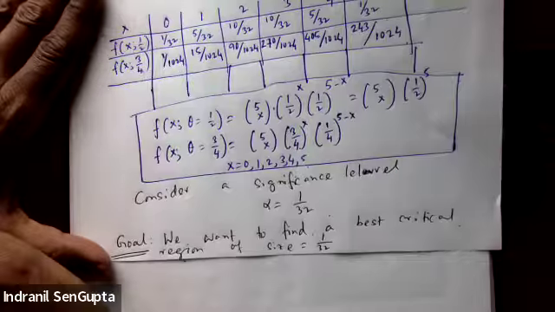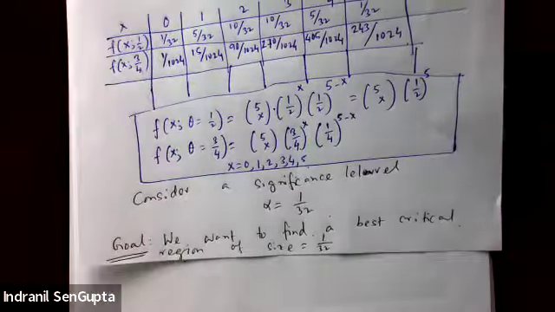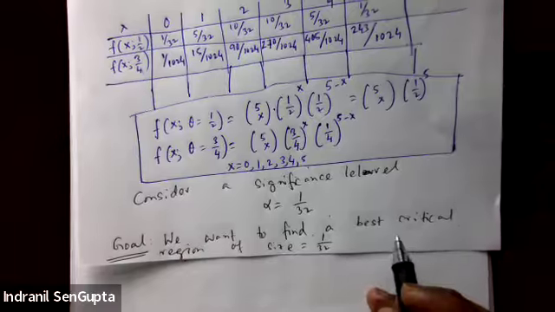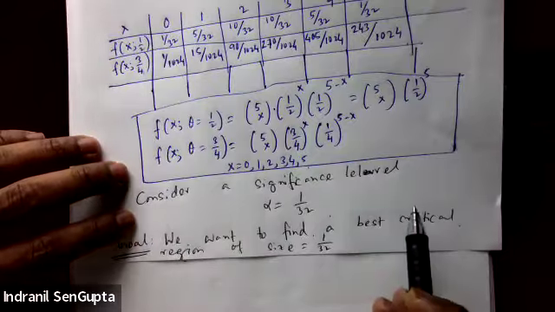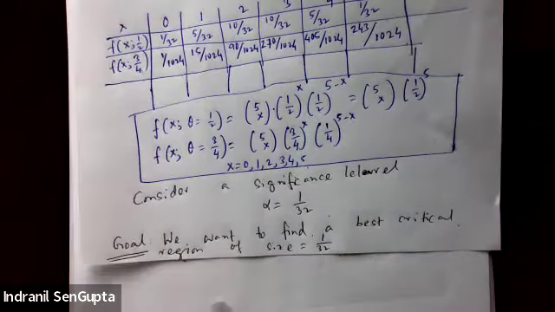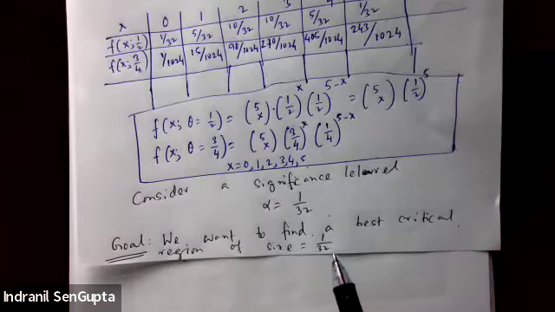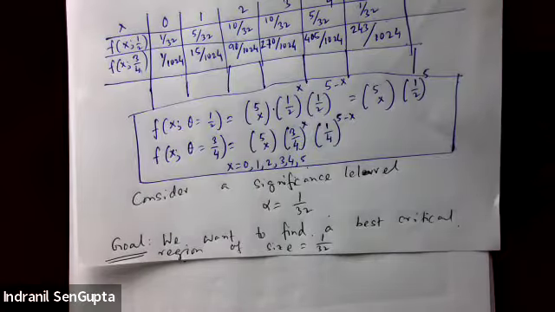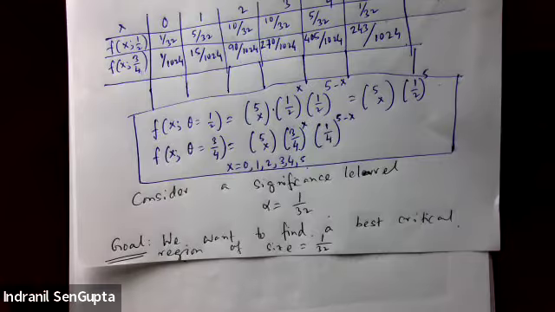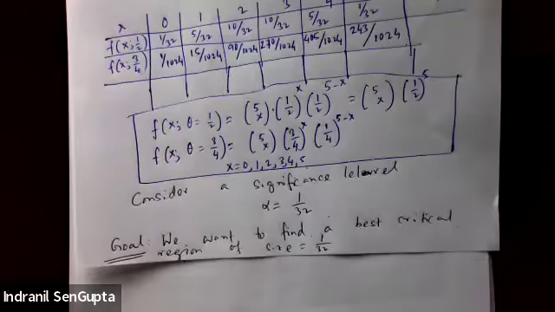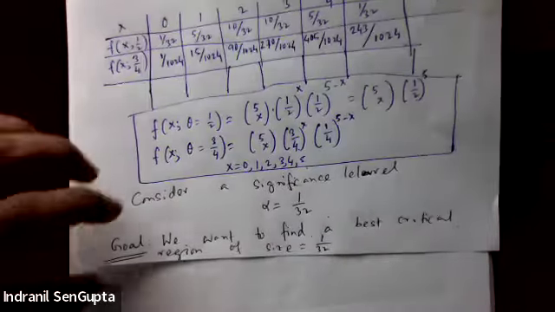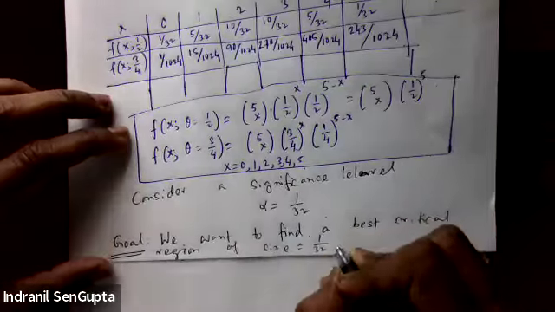There may be a bunch of critical regions of this size. If you recall, the size of the critical region, or the significance level, is given by the probability of type 1 error. That is, we are rejecting a null hypothesis when it's true. So that is the size of the region.